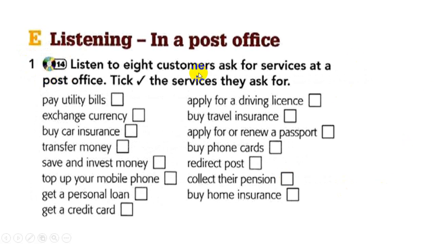Listen to 8 customers ask for services at a post office. Describe the services they ask for. So here we have many services in front of you, and we will listen and try to take the ones that we've listened to. Yes, let's listen together. Recording 14.